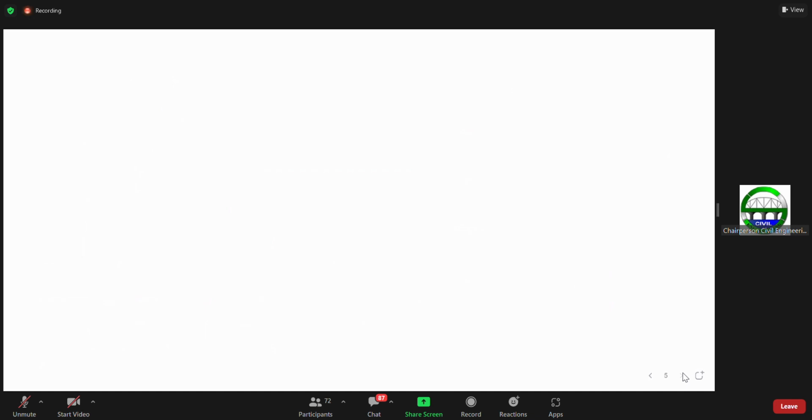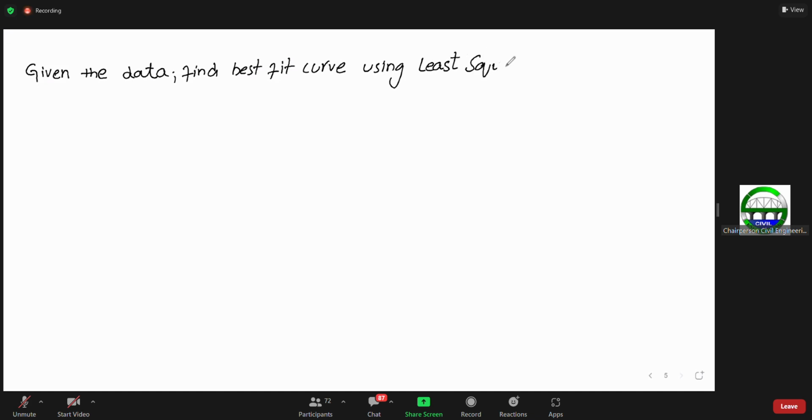Okay, so our next question is: given the data, find the best fit curve using least square method.